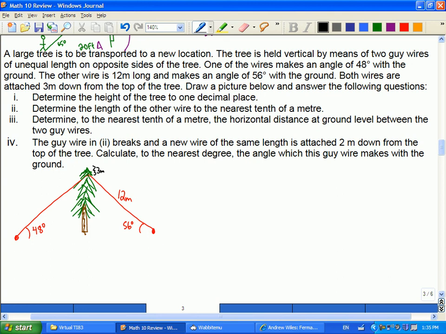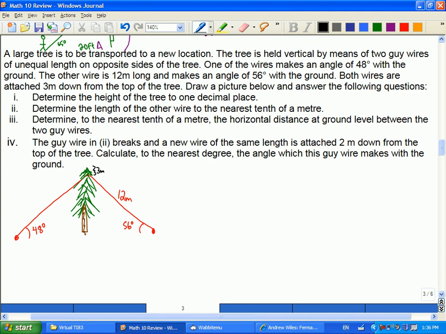So we want to determine the height of the tree, and that's probably all the time we're going to have to finish this. But you may want to try the other questions on your own. How could you quickly find the height of the tree? Well, first of all, you have to have a triangle in your problem.